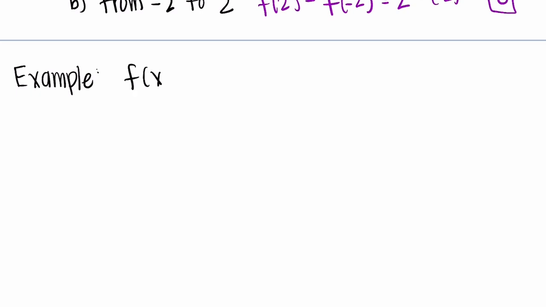We'll look at f of x equals 2x squared plus 3x minus 1. So I'm just going to plug some different things into this function, except we're not going to use numbers. I'm going to plug some different variables in.